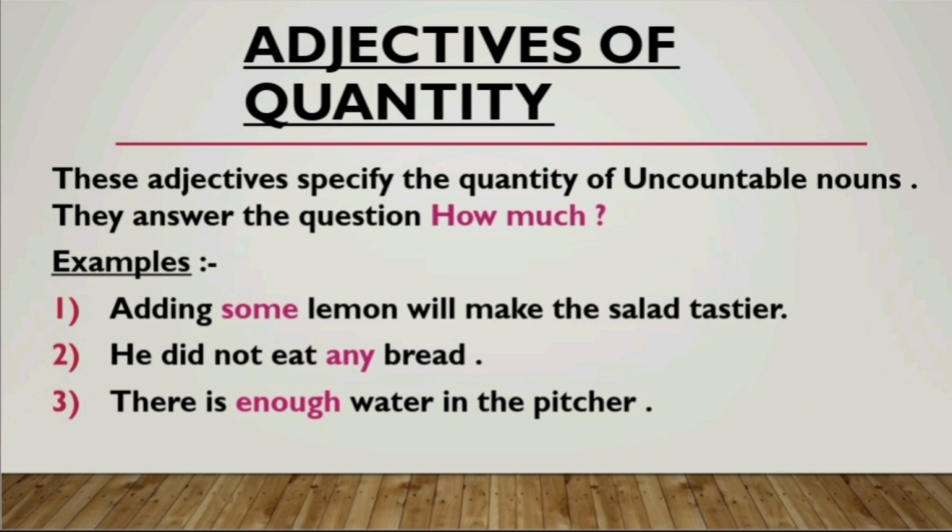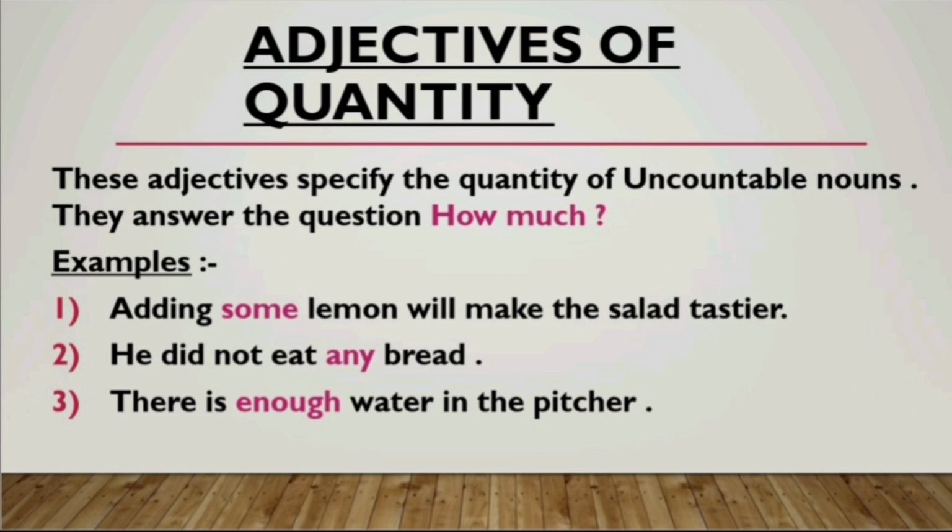When we refer to number, we refer to the numeral adjectives. That's a different thing that will be discussed in further videos, but today we'll discuss adjectives of quantity, which refers to the quantity of uncountable nouns. That means that whenever we use adjectives of quantity, we'll always be using uncountable nouns, right?